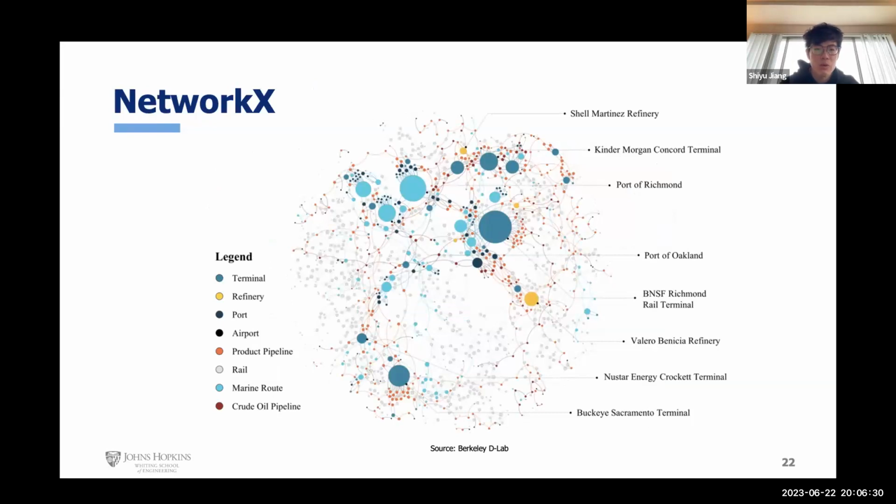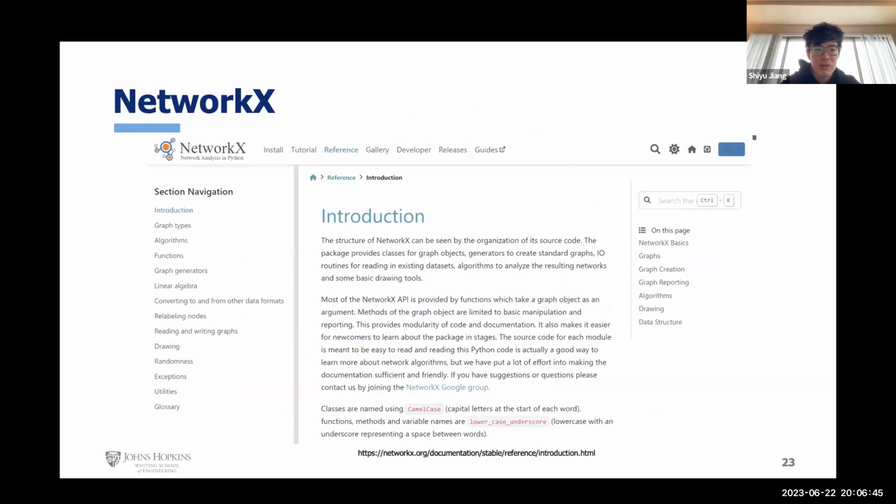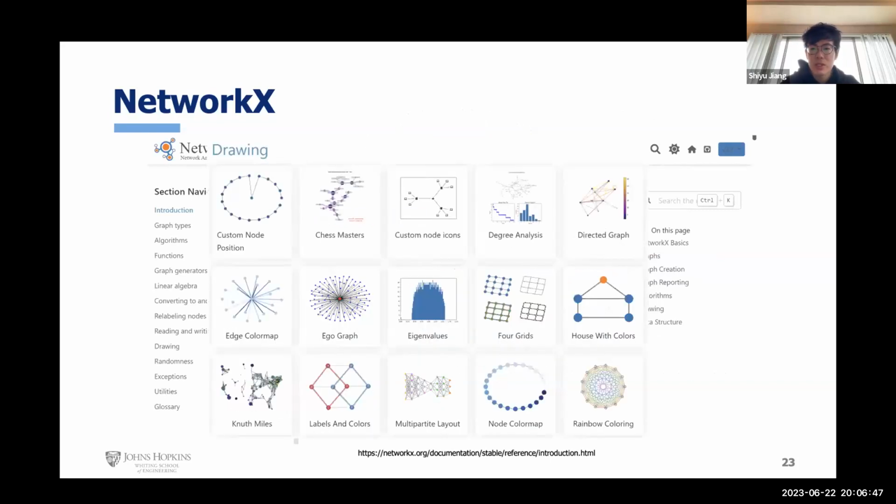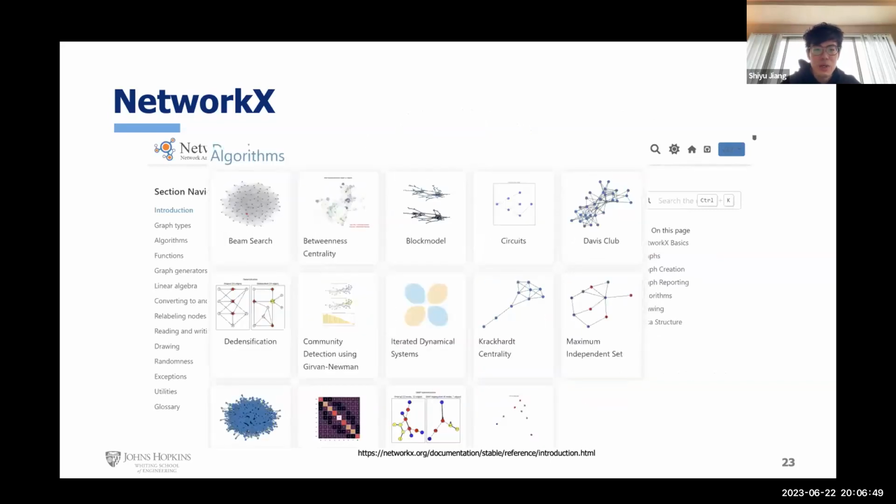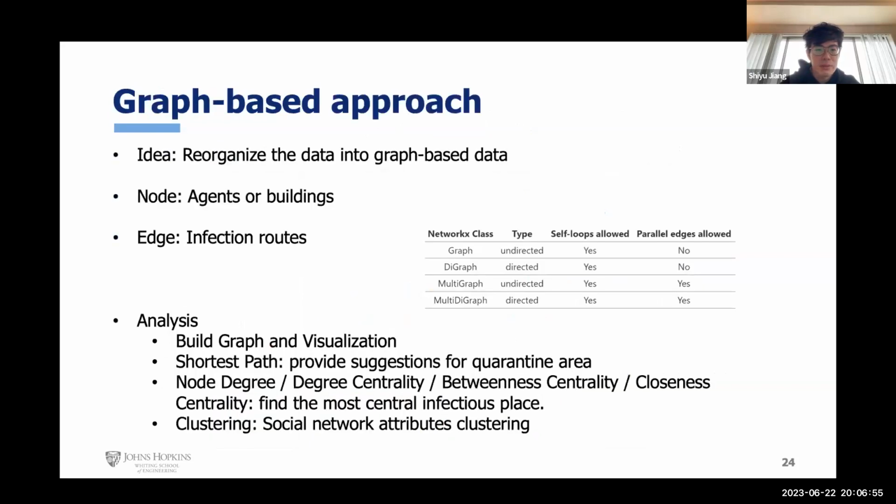We first reorganize the data into graphs, then use NetworkX to build graphs and do some data mining. This is a brief introduction, and we can do some fancy drawings as well as use those algorithms for further analysis.